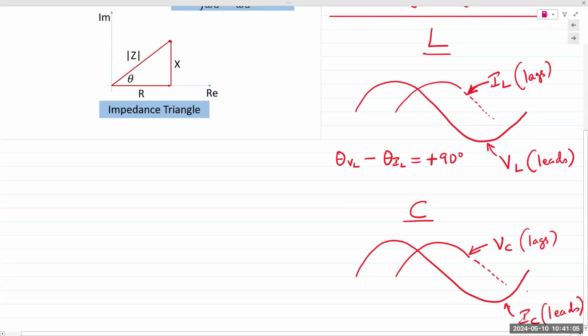And so here, theta VC minus theta IC is going to give you minus 90. Always, always. It doesn't matter what capacitor it is, or what the voltage or current is. The voltage and current for a specific capacitor will always have a phase difference of minus 90.